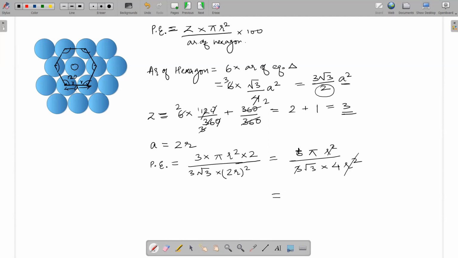Then we can do 2s and 2s. So we are left with, okay, see, again I have forgot 100. This is pi, nothing is left here. It is only pi upon 2 root 3, into 100.